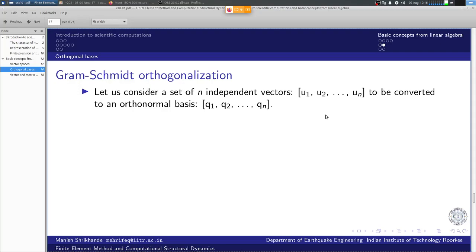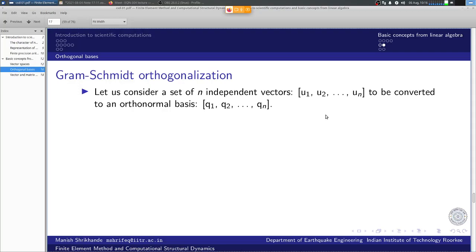So choice of independent basis vectors is not so difficult. Any random vectors that you choose will be linearly independent and can theoretically serve as a basis. But these linearly independent vectors do not help much in mathematical analysis, because they do not give us any benefit in solving problems.